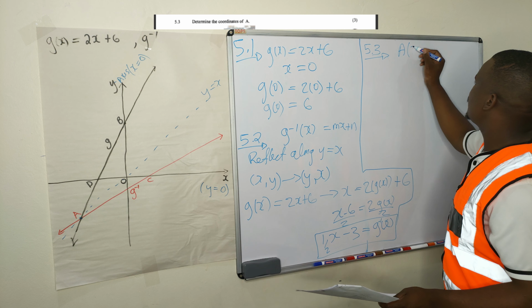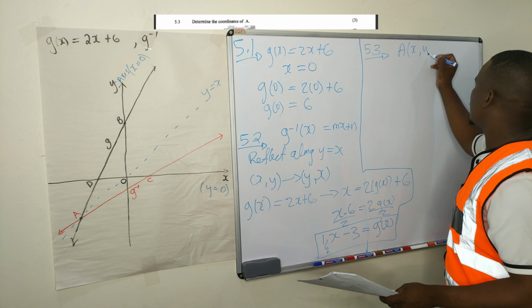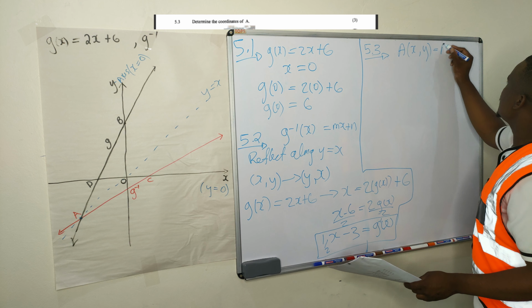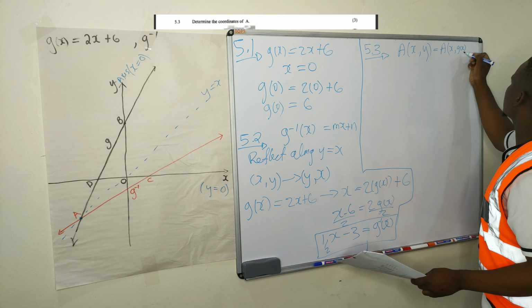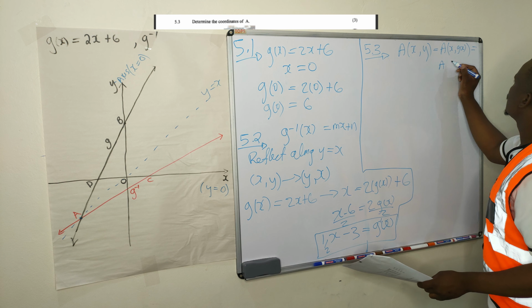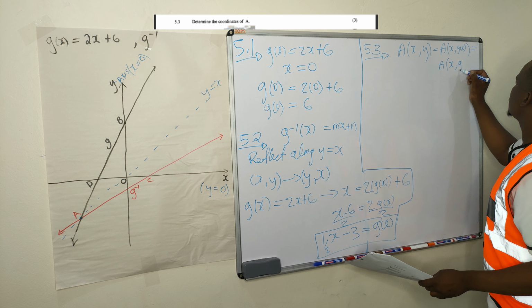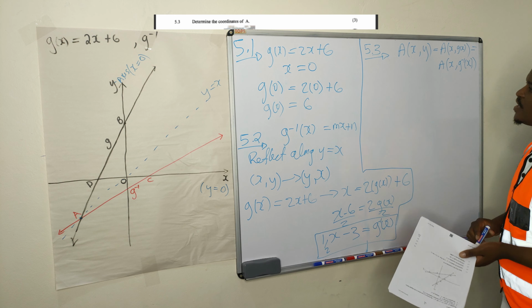A has x and y, right? So A is equal to x and g of x here, which is also equal to A, x and y of the inverse. This is what that means.